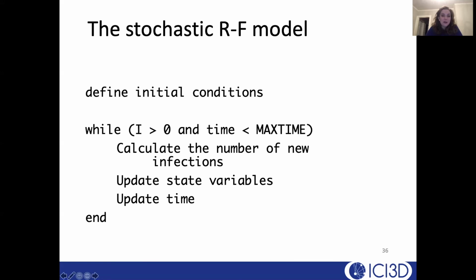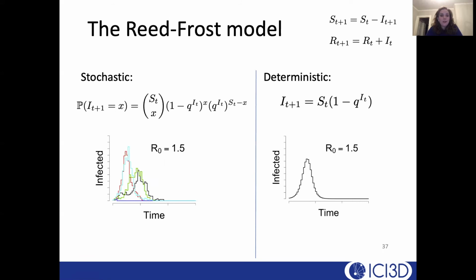So within this loop, if this condition is met, we're going to calculate the number of new infections and then update the state variables S, I and R, and then update the time. So it'll be t plus delta t, being a day, a year, whichever time unit your system requires. So we can compare the stochastic and deterministic versions of the Reed-Frost model here.